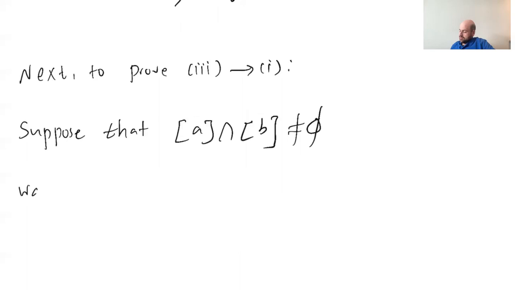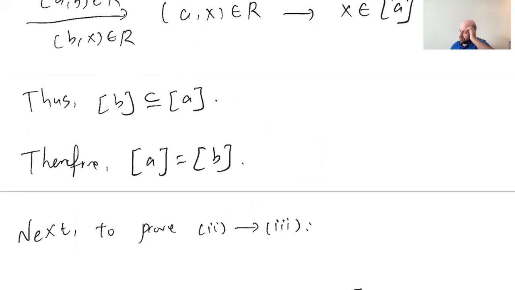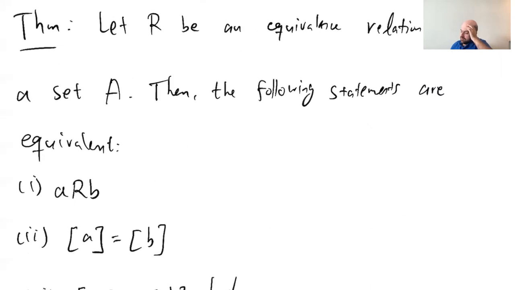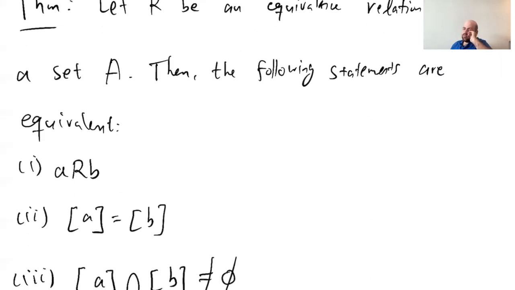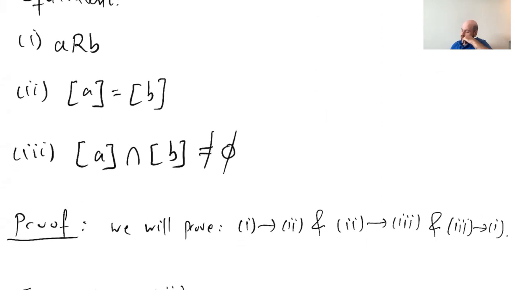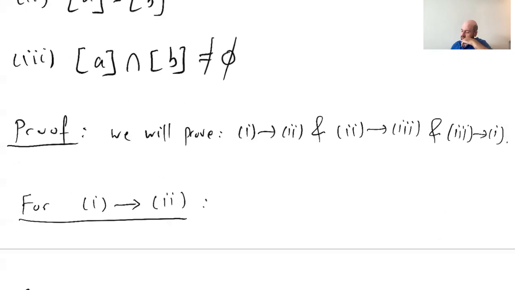And we want to show A and B is in R, right? I want to show 3 to 1. 3 to 1, what is 1? 1 is A R B, or (A, B) is in R. So I'm assuming that the intersection of the equivalence classes of A and B is non-empty. I want to show that (A, B) is in R.